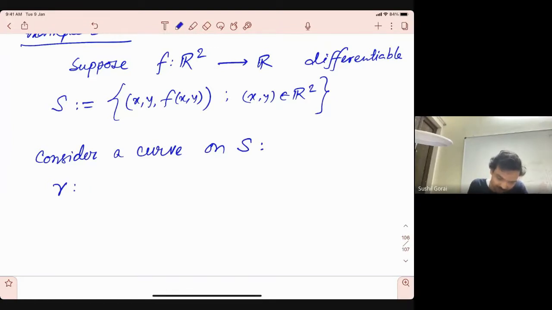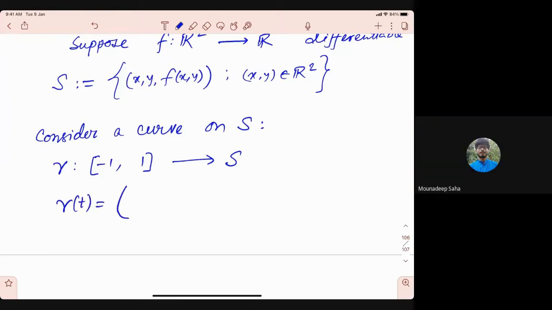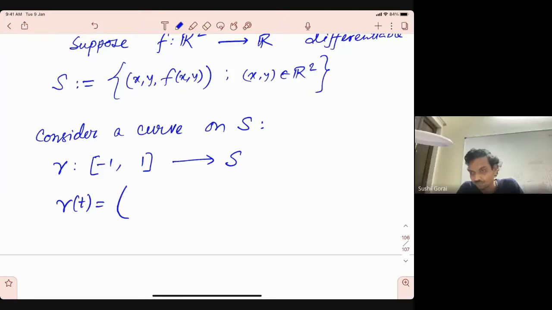Instead of [0, 1], I could consider, let's say, [-1, 1]. But the question is how this gamma(t) will look like. Gamma(t) will be a smooth line type in 3D. So can you give a formula? Of course, not an explicit formula.